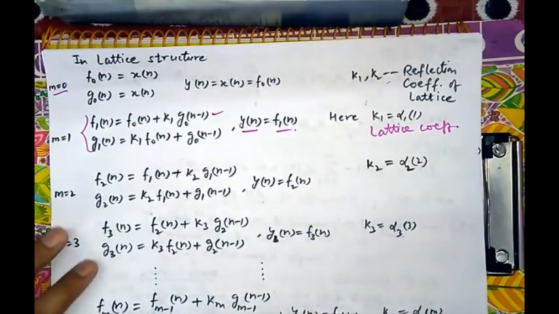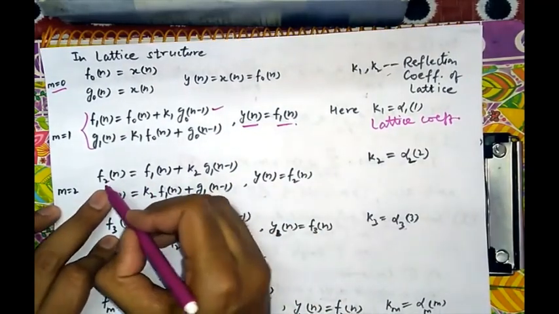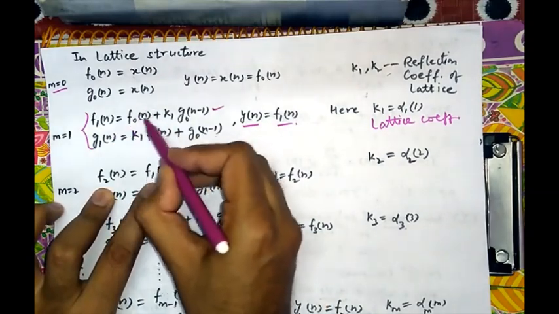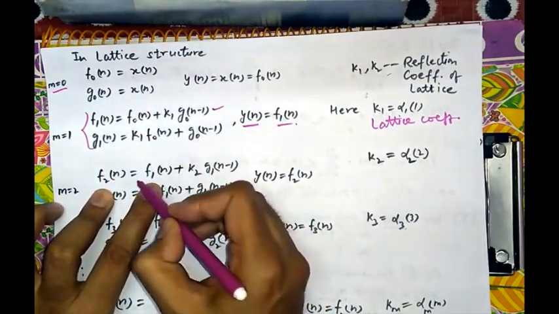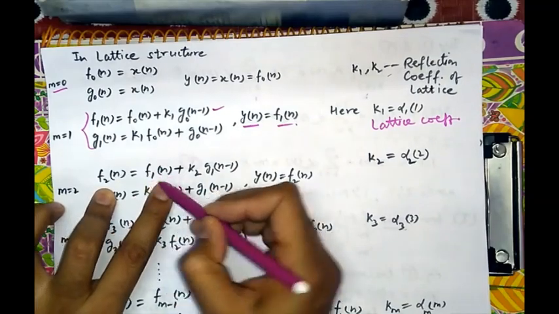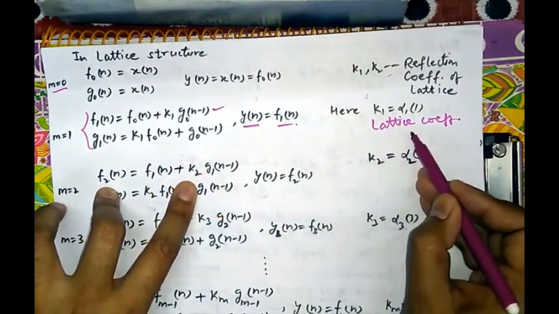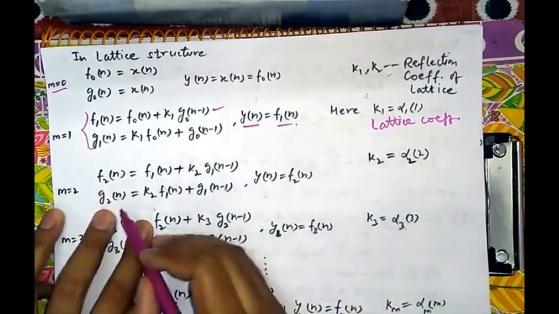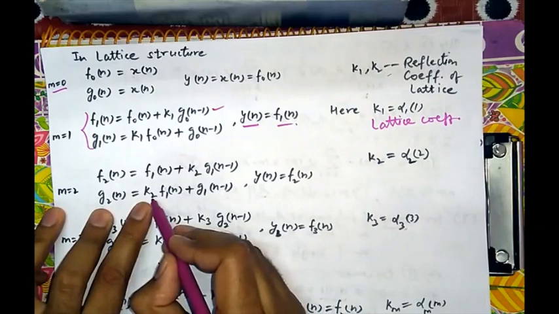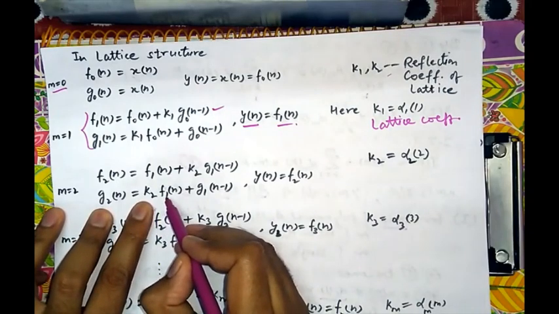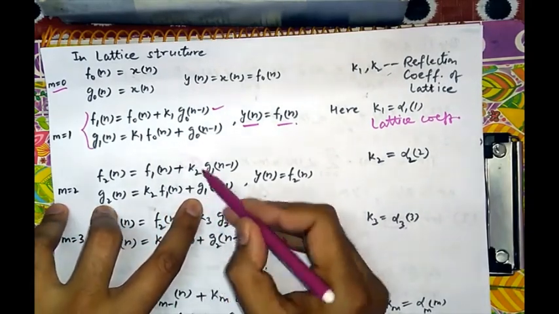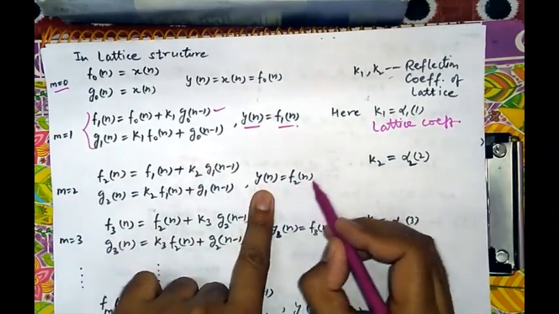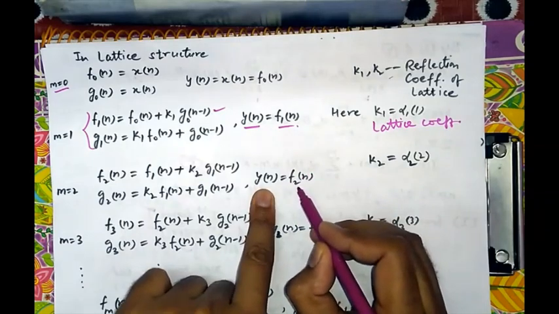For second order, the same iteration: f2(n) is equal to f1(n), the previous value, plus the multiplier, the lattice coefficient k2, times the delayed previous value g1(n minus 1). Similarly for g2(n), the multiplier k2 comes in the first term, k2 f1(n) plus the delayed second value, and the output is now y(n) equal to f2(n), the latest value.